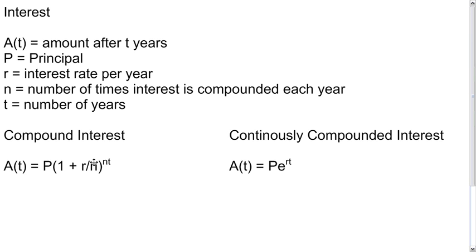It's a little bit like our definition of E, 1 plus some number over n to the n. That's basically what we called E as n goes to infinity. That was the definition of E for the most part. So this R becomes the power here.